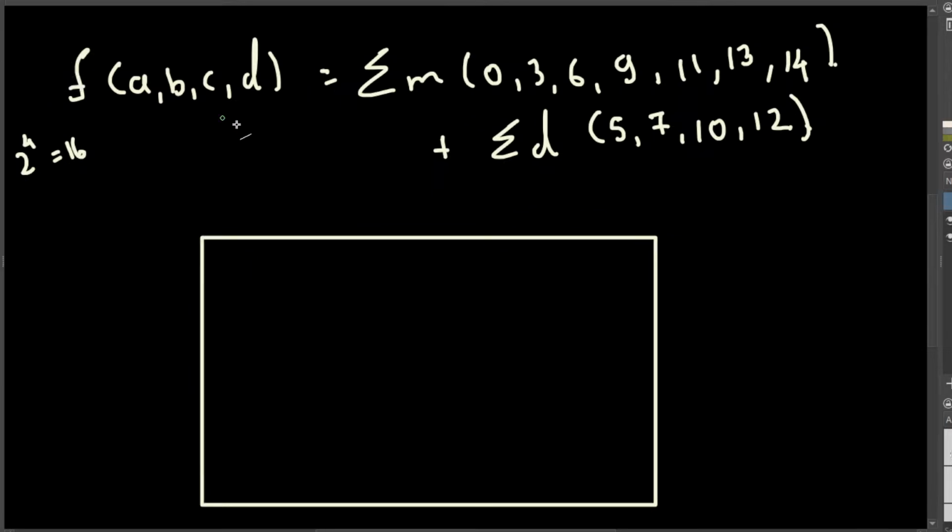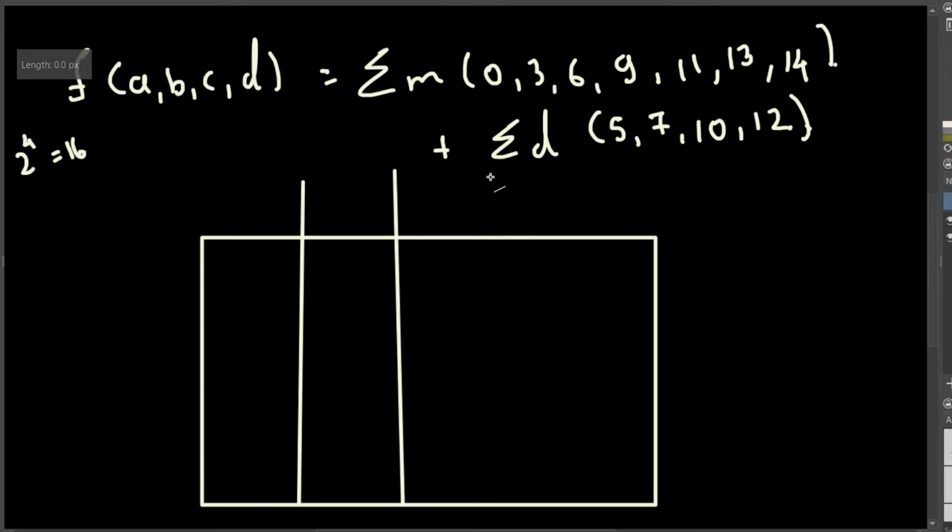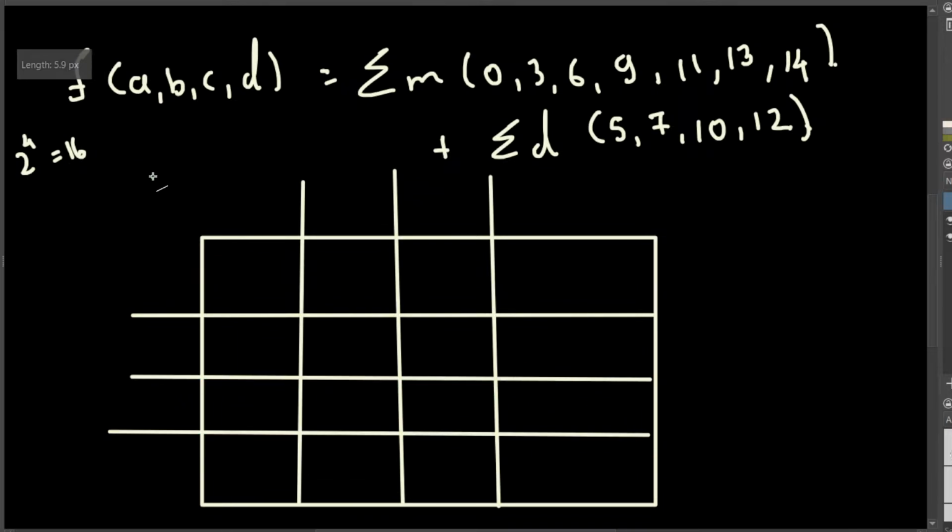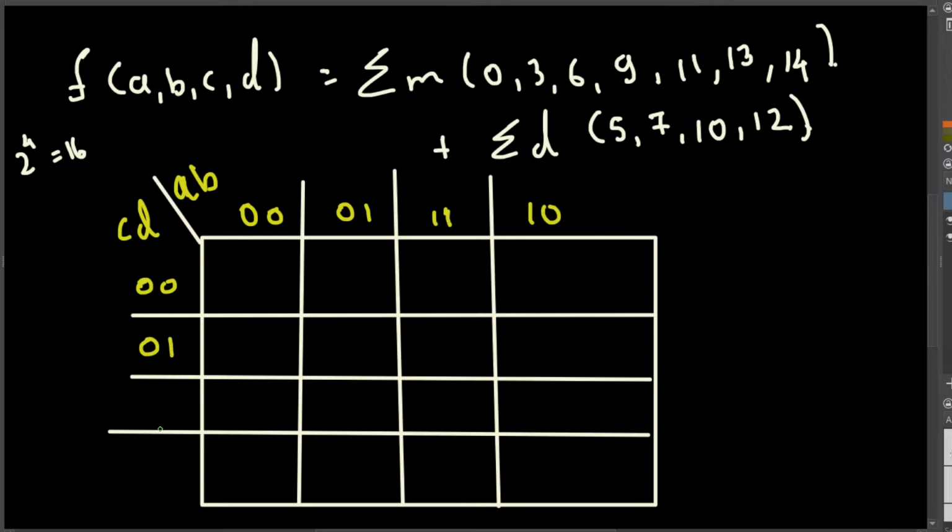Let's do that. So here we have a 16 location K map, and in this one let's take the top part as AB, and let's take the bottom part as CD, 0 0, 0 1, 1 1, 1 0, and 0 0, 0 1, 1 1, 1 0.